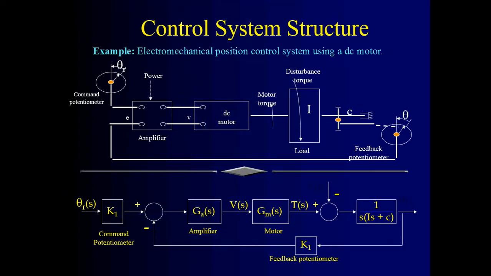Okay. Now here we have an electromechanical position control system. This one is now a second order system. Now you see here is what I would call a word block diagram, and this is our block diagram of the system.